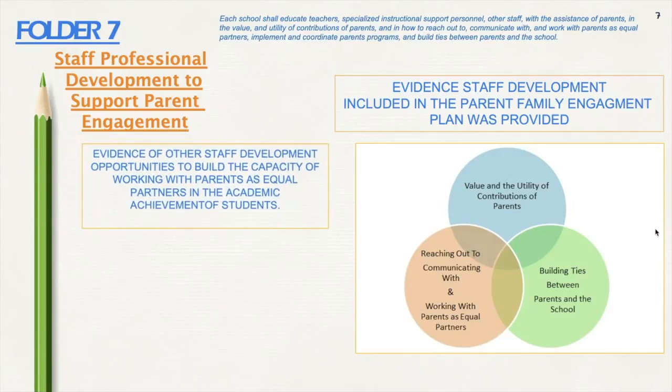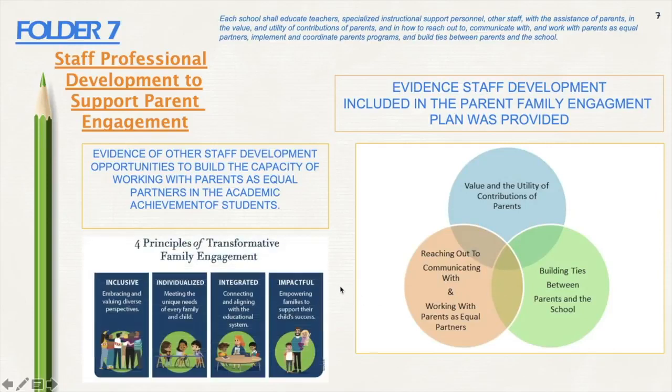If you do anything beyond what you said you were going to do in the plan, evidence of other staff development opportunities to build the capacity of working with parents as equal partners in the academic achievement of students also needs to go there.